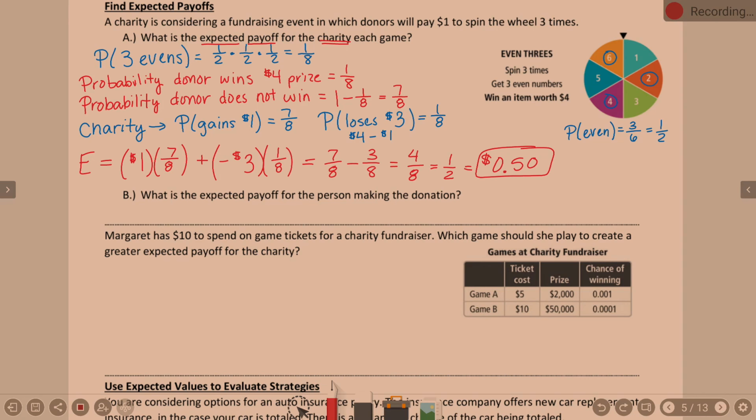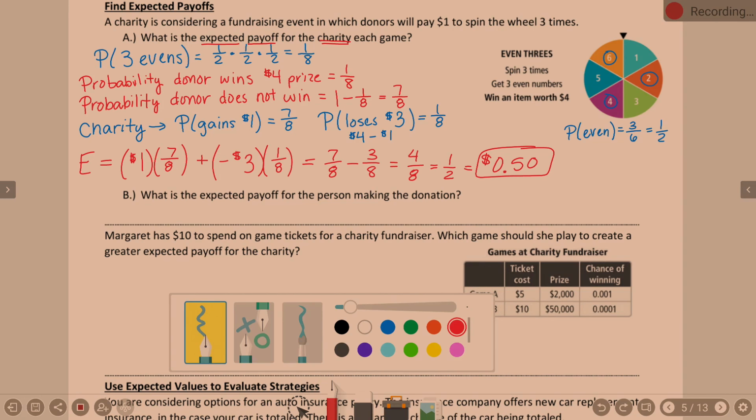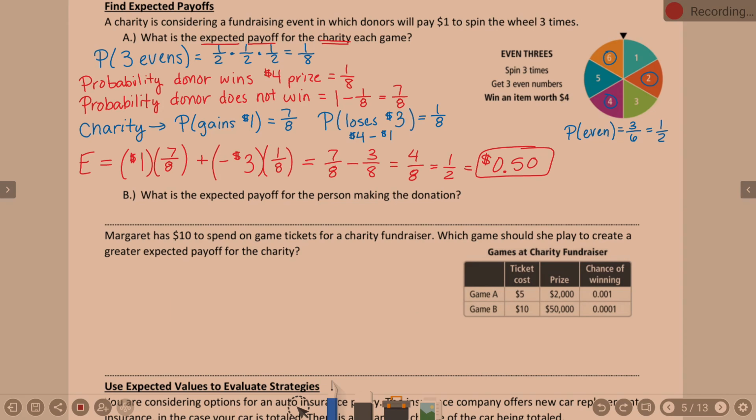Now, what is the expected payoff for the person making the donation? This question was the expected payoff for the charity, and this is the expected payoff for the person making the donation. Expected payoff is on average.